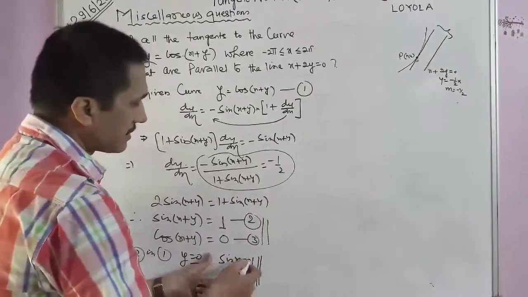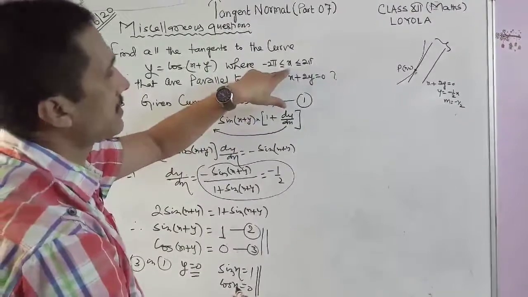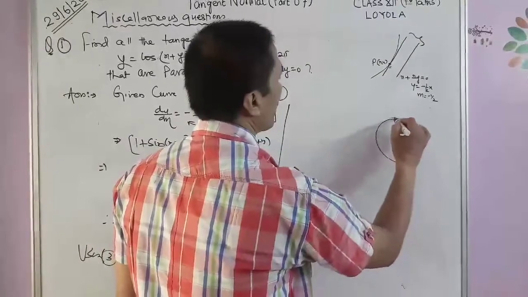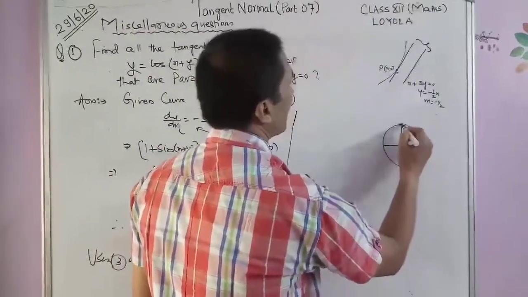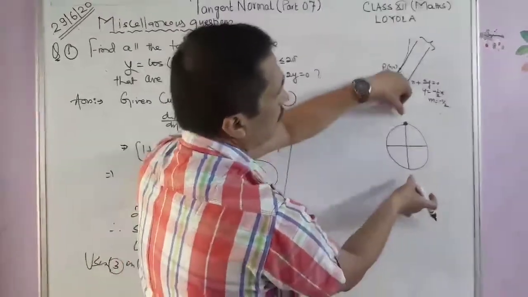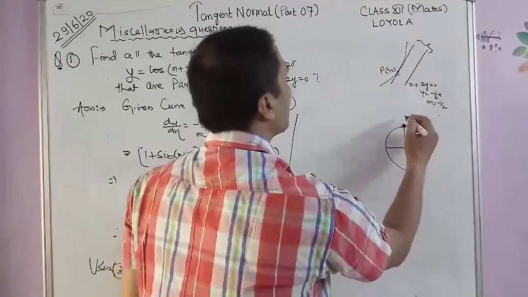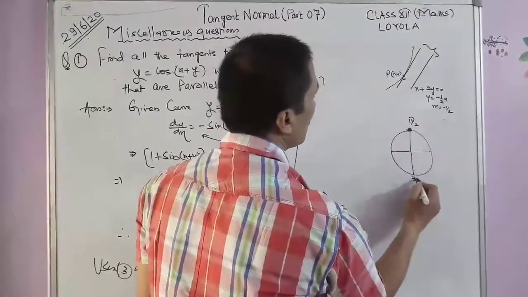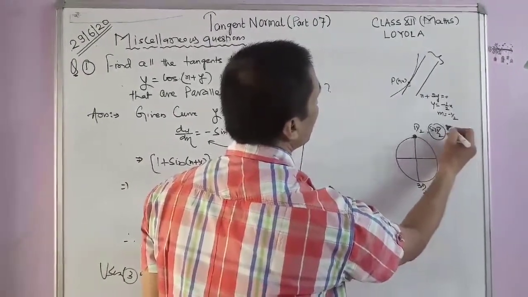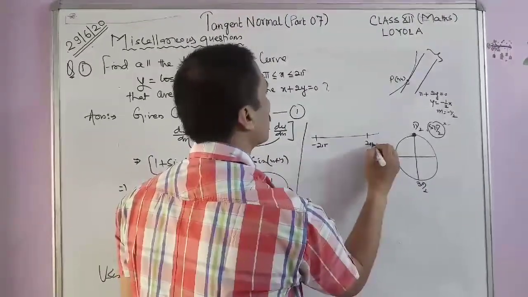Values of x satisfying these two equations must be in the given limitation, minus 2 pi to 2 pi. We know sin x is 1 at this end and cos x is 0 at both ends. This end is pi by 2, 3 pi by 2, again 5 pi by 2. 5 pi by 2 is greater than our limitation, which is minus 2 pi to 2 pi.